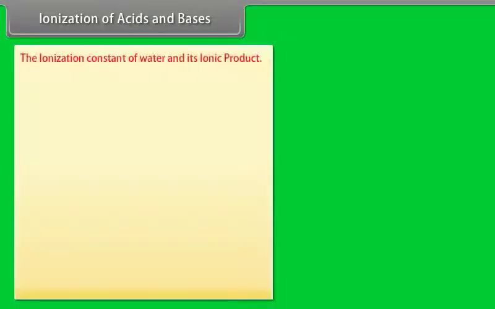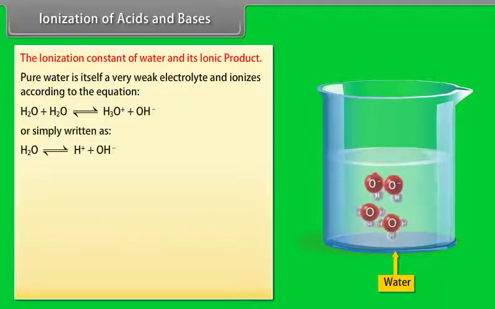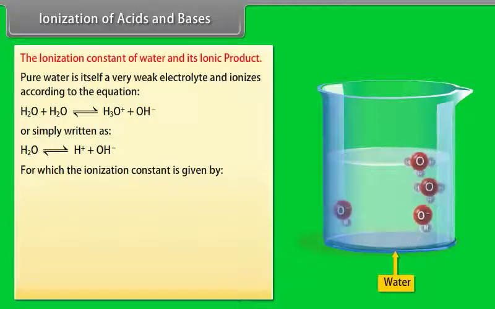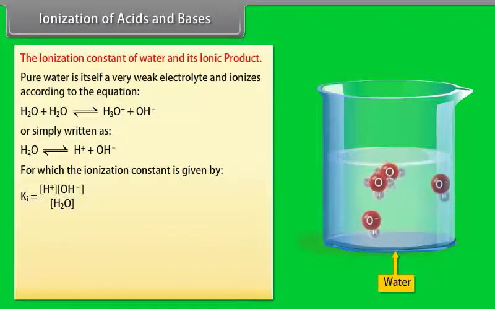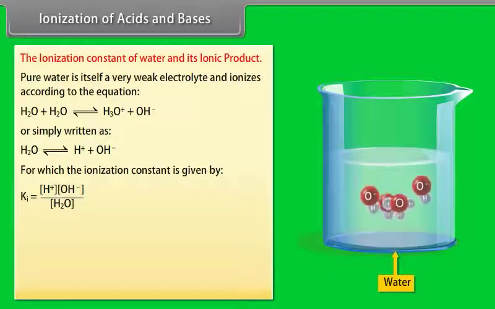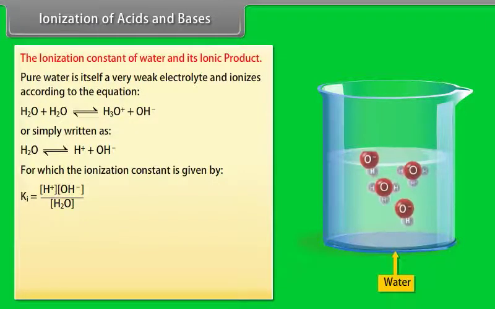Ionization of acids and bases. The ionization constant of water and its ionic product. Pure water itself is very weak electrolyte and ionizes according to the equation, or simply written as, for which the ionization constant is given by Ki is equal to concentration of H+ times concentration of OH- divided by concentration of H2O.